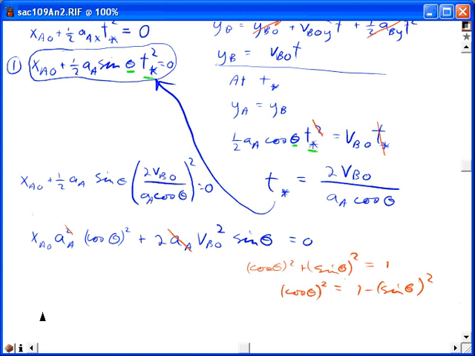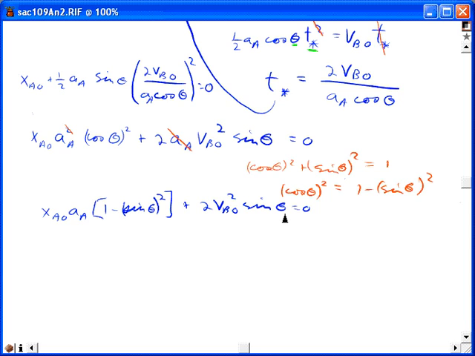So substituting that in there, I'll have x sub A0, a sub A, times 1 minus the sine of theta squared, plus 2 VB0 squared times the sine of theta. That's all equal to 0.